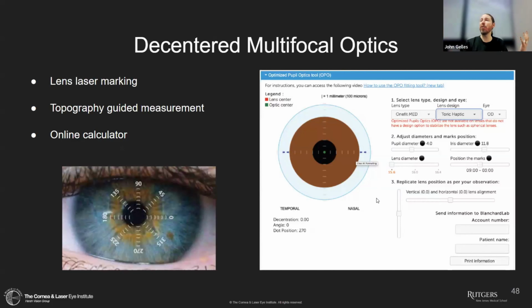One of the challenges with multifocal optics was always, are we getting the optics in the correct position, right? People have tried to solve this in different ways, with online calculators or with topography measurements where we take a measurement of the lens on the eye and say, that's where the optic is, here's where our pupil is, and we should move it this direction, or with hash marks on the lens.